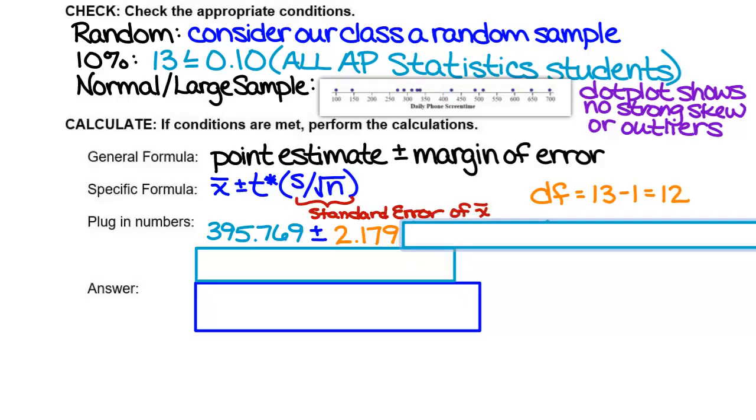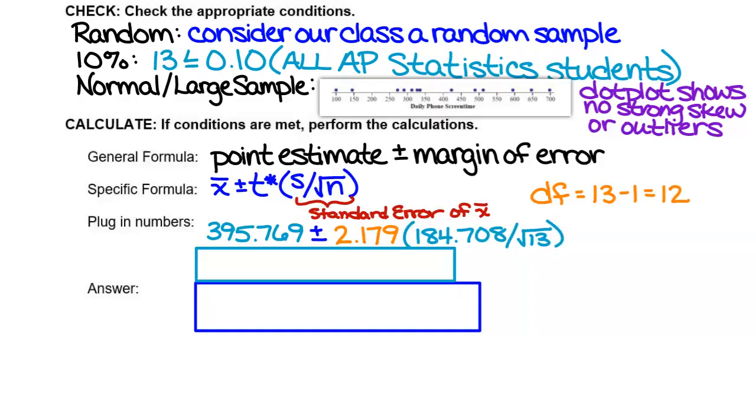What is our T star? 2.179 times what? Absolutely. 184.708 divided by the square root of 13.